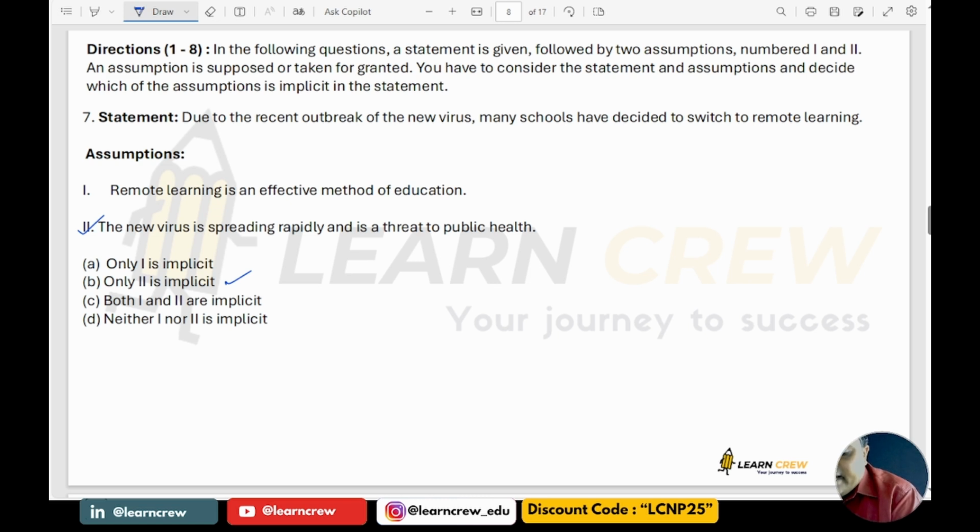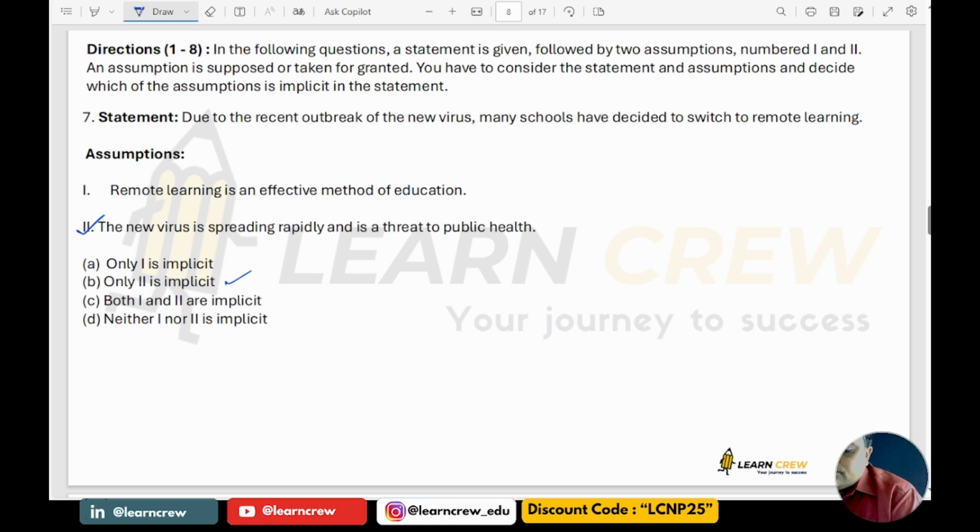This implies that there is a concern or issue with the spread of the virus and its potential impact on public health. So this assumption is implicit in the statement because the switch to remote learning is a response to the recent outbreak. So 2 can be an implicit assumption.